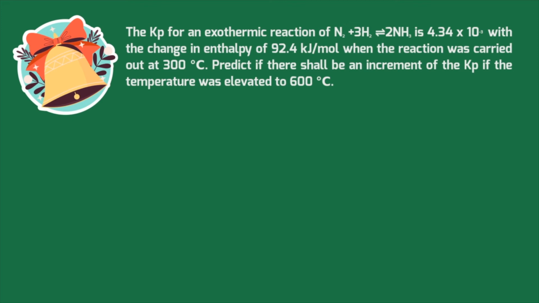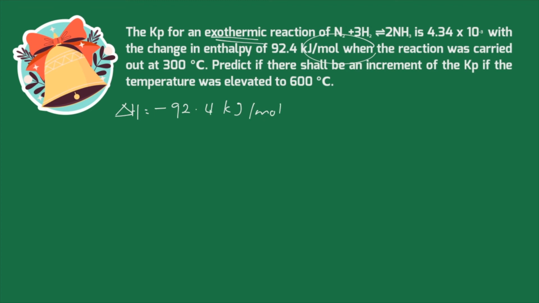Predict if there shall be an increment of the Kp if the temperature was elevated to 600 degrees Celsius. So the first thing that you need to look at when you want to answer this question is that you need to know the reaction is an exothermic reaction. Therefore, your delta H is negative 92.4 kilojoule per mole.